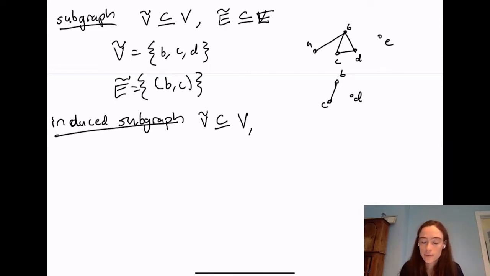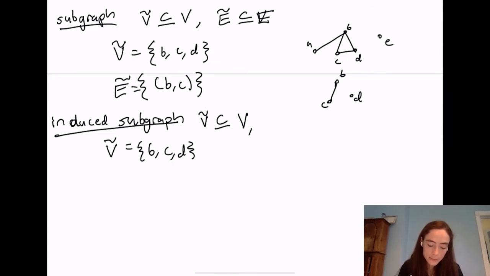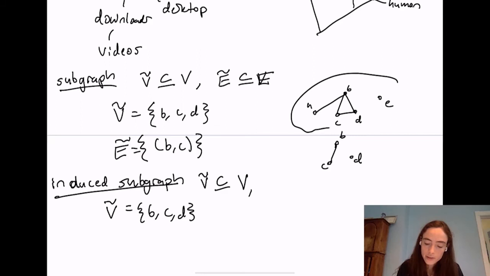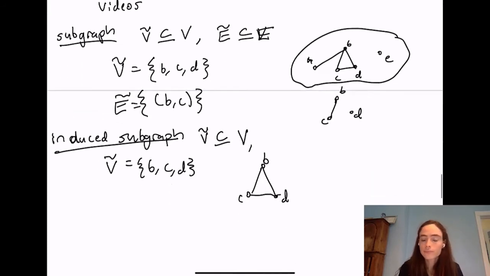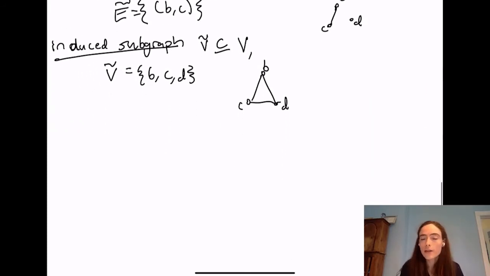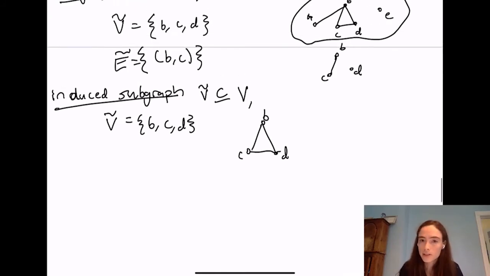So, for example, if we had our subgraph defined by the vertices B, C, and D for this graph, our induced subgraph would include every edge between them because they're all present in the original graph. So when we're looking at large graphs especially, it can be useful to pay attention to subgraphs or induced subgraphs of them because they can be a smaller size and just encode specific information in our data.